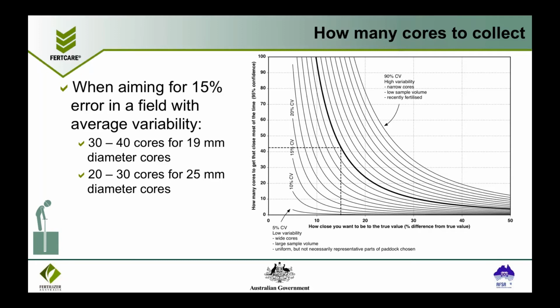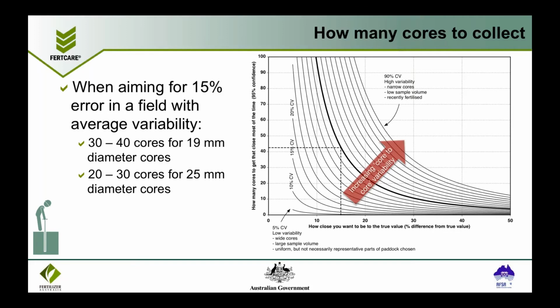So what we have on the x-axis in this diagram is how close you want to be to the true value, and we've adopted about a 15% error here. And you want to be, say, 95% confident that you're within 15% of the mean value, would mean that you'd probably need to take around 30 to 40 cores.